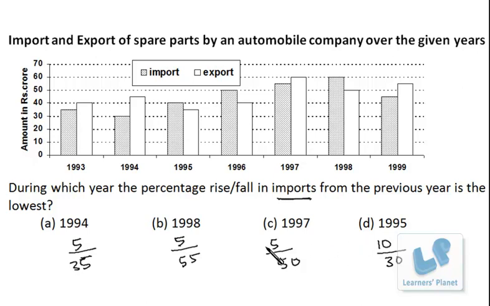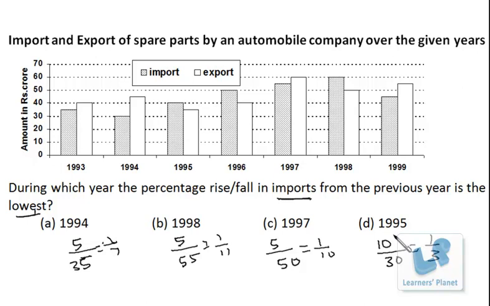Now we have got the 4 fractions, and we have to find out the lowest fraction, right? Because we are to find out the lowest percentage rise or fall. Now this is 1 by 7, this is 1 by 11, this is 1 by 10, and this is 1 by 3. In all the 4 cases, the numerator is 1.